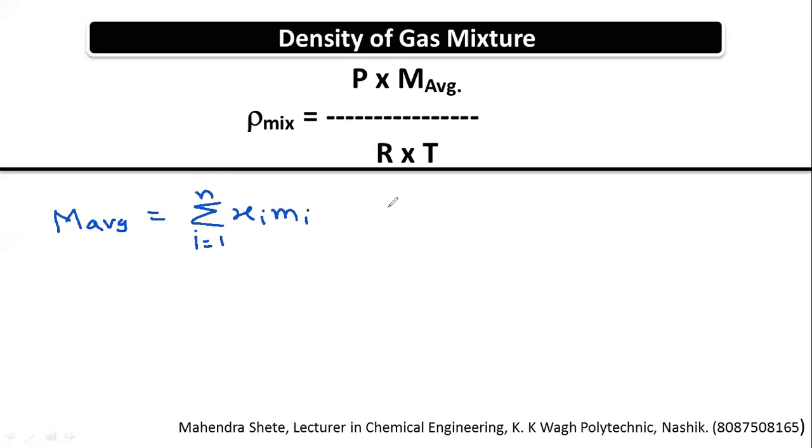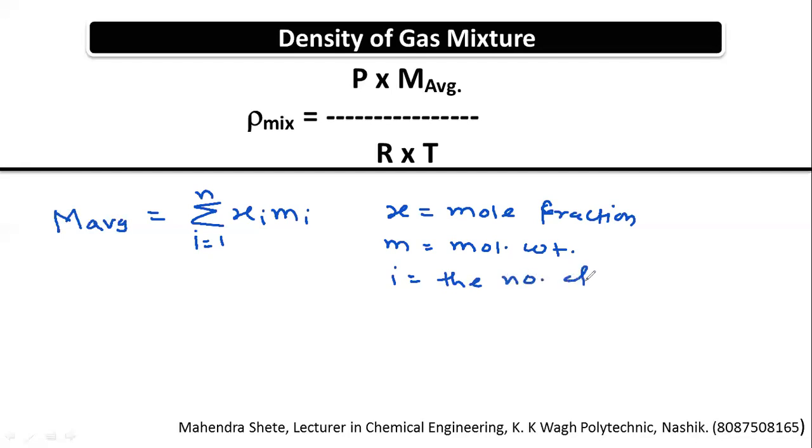Here x indicates the mole fraction of the component, m indicates the molecular weight of the component, and i indicates the number of species, the number of components.